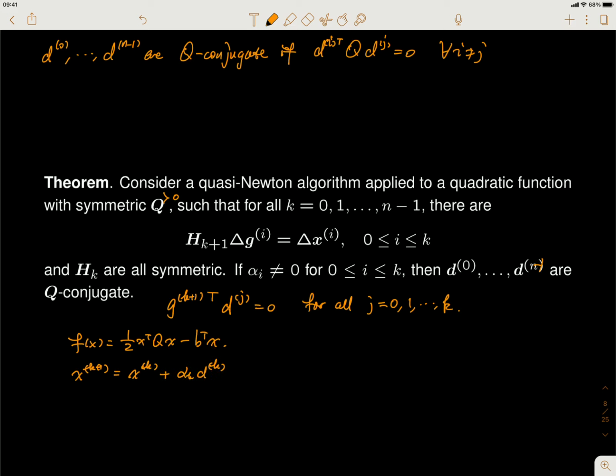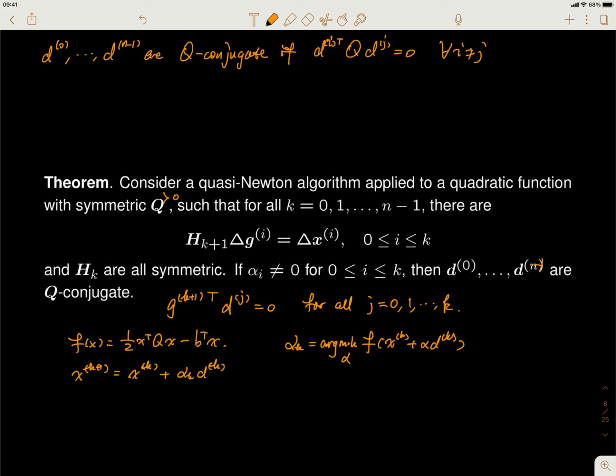And recall how we got this alpha k. Alpha k is the steepest descent step size. For a quadratic function, this step size should be chosen to minimize f of xk plus alpha dk.